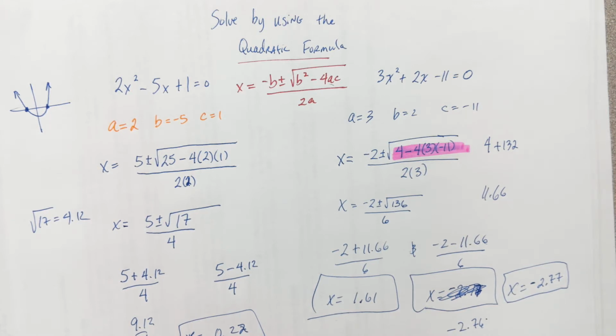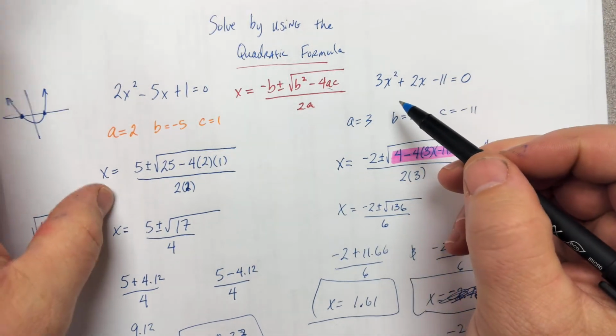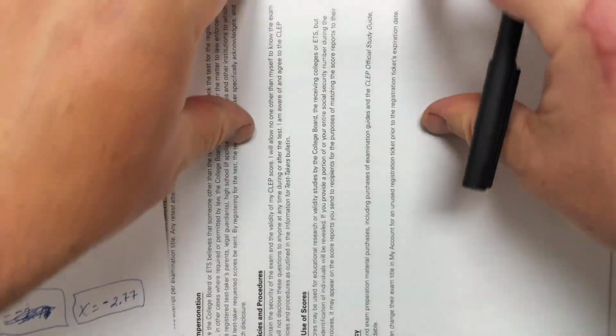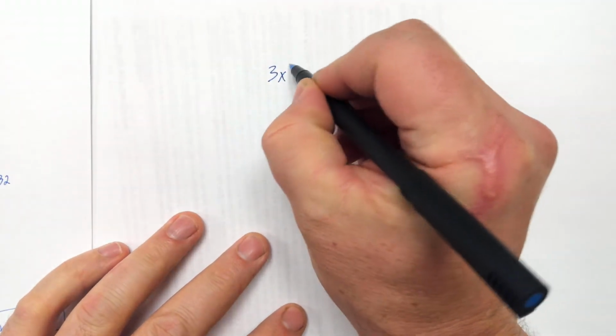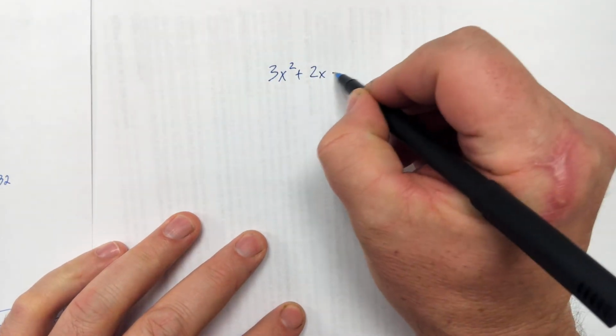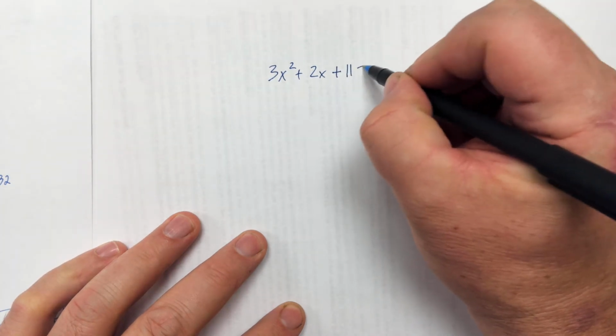Okay. Let me show you one last thing. It'll take like 2 minutes, not even 2 minutes. Let's look at this right here. I'm going to show you something. Let's say we're going to solve this one, but instead of a minus 11, let's say it was plus 11.